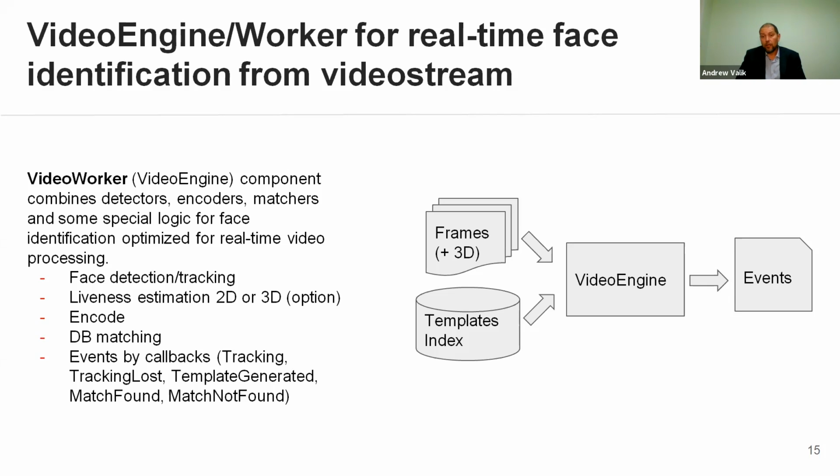For example, if you detect a face in one frame, encode it, search in your database and find it, you don't need to detect, process and search it again on the next frame. So you can optimize your resources if you realize such logic.